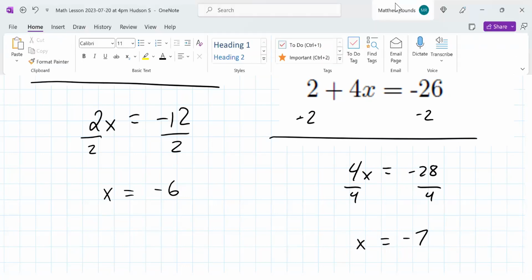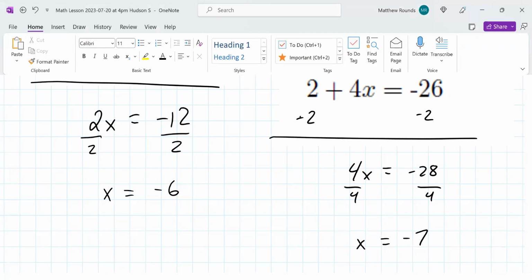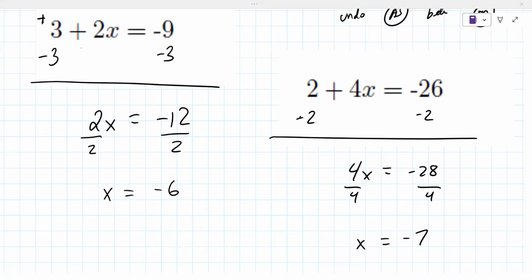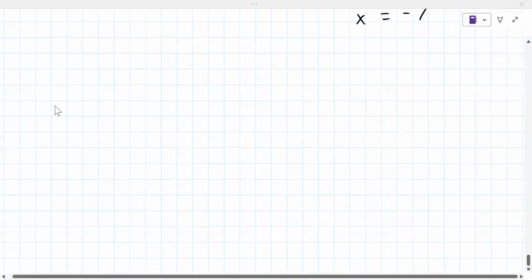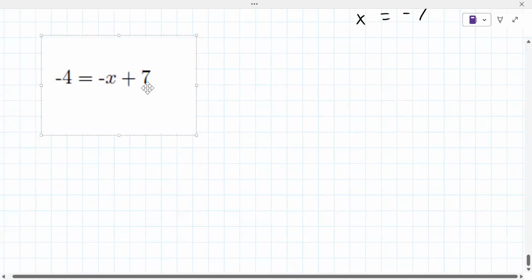I don't really have enough time to go through anything new, but that's kind of where we're going here. I mentioned this earlier, and it really comes into play in this problem. This is where we'll leave off with our lesson: -4 equals negative x plus 7.